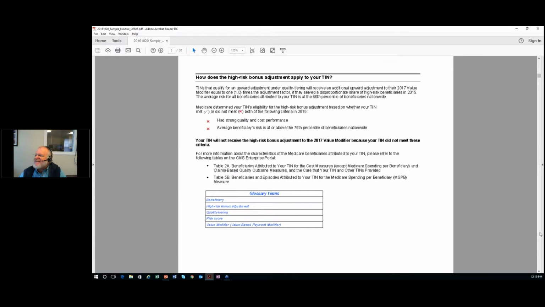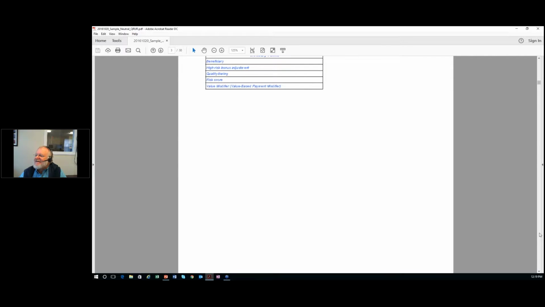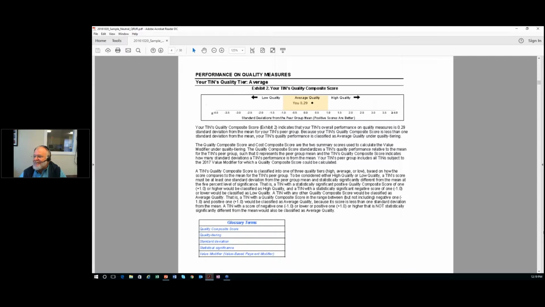Next, it will give us details on the quality and cost analyses. First comes the quality. Now, if you recall, your PQRS report had to have 9 measures in 3 domains. Not exactly had to have. There's some exceptions to that, but in general, a qualifying submission is 9 measures that sort into 3 different domains.